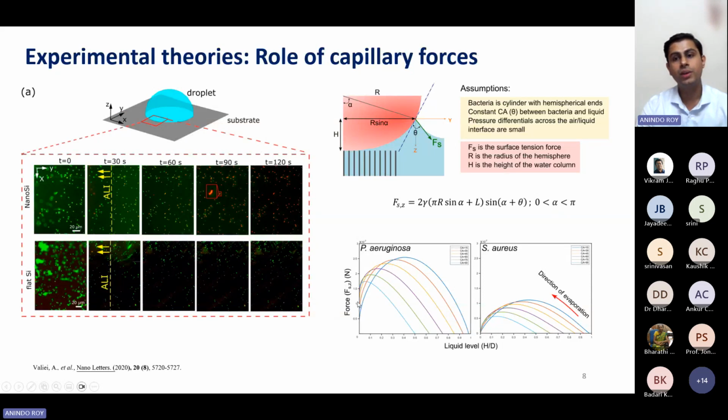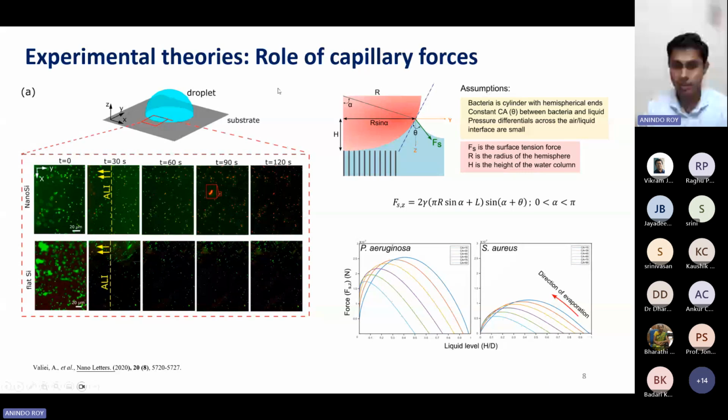Now, till now, we have assumed that adsorption is the only force that is responsible for the wall rupture. However, recent studies have shown that there can be other external forces that are responsible.